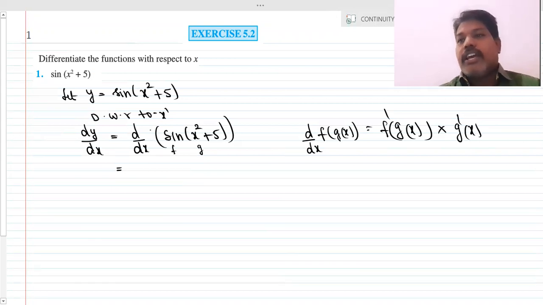So first you take the derivative of sine, which is cos of g of x, the same g.